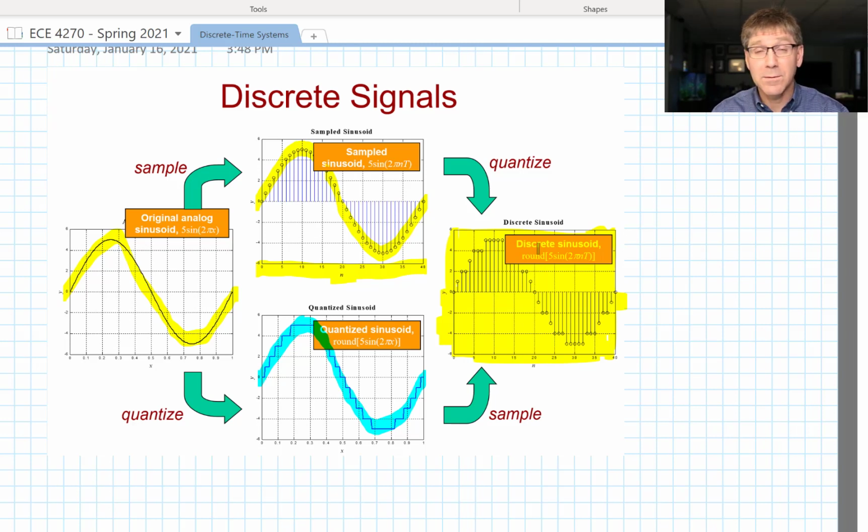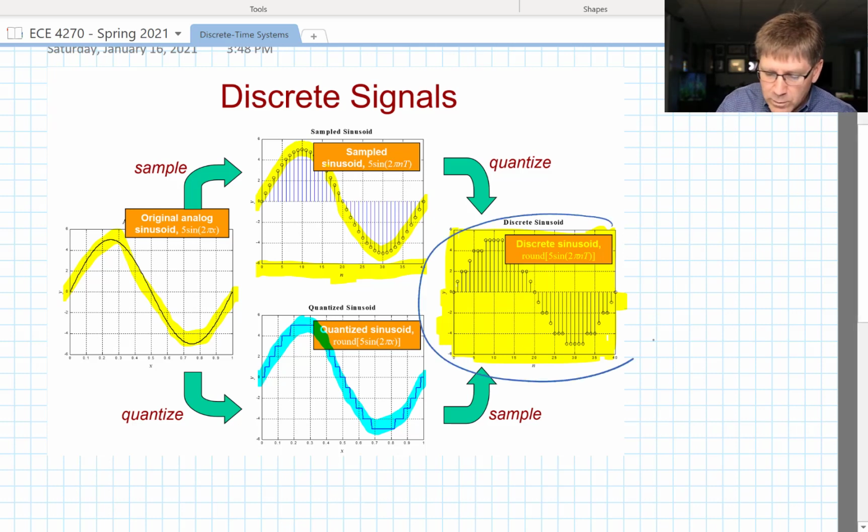Now we have something that we can store on a computer. Each of these samples could be stored in a single memory location, for example, and the accuracy of the amplitude of that sample would be a function of how many bits we can use to store it, and also the format that we use to store those bits.